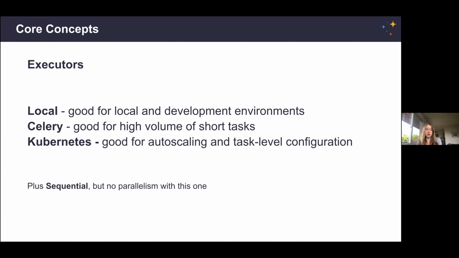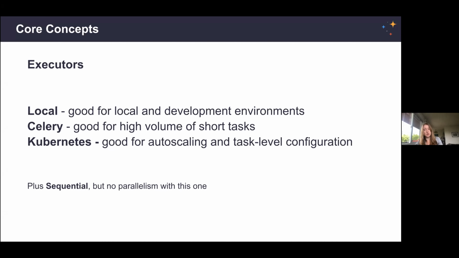The other two, Celery and Kubernetes, are both meant to scale, so they're going to require their own infrastructure. They're both good in different scenarios. Celery is really good if you have a very high volume of short running tasks. Kubernetes gives you a lot of power in terms of auto scaling and task level configuration.